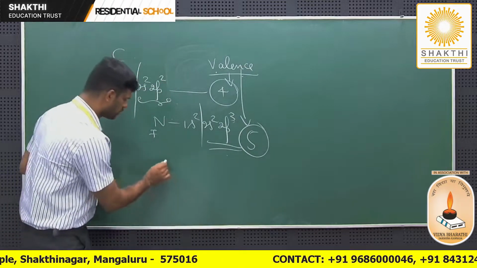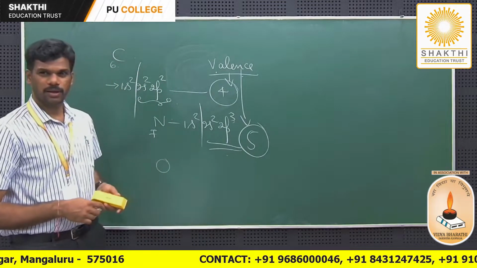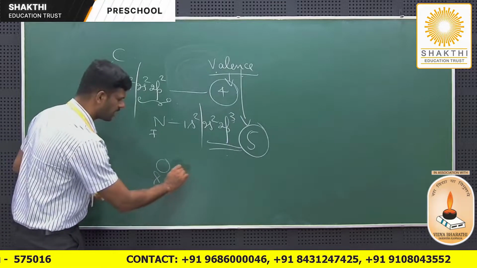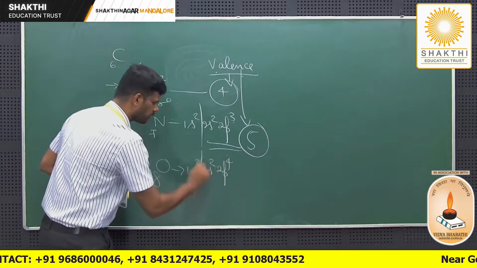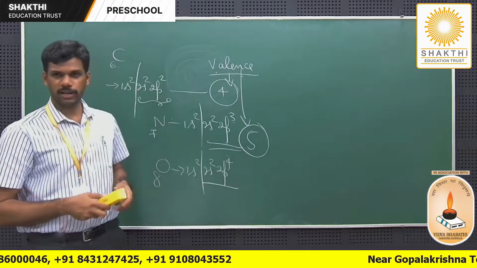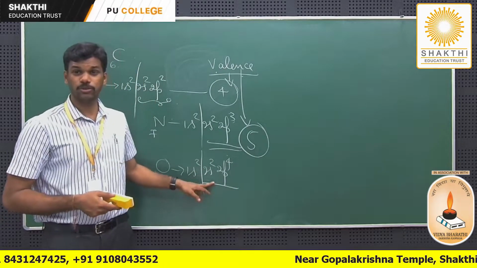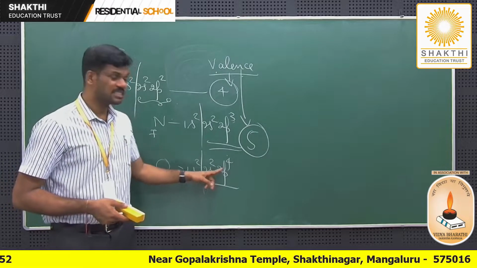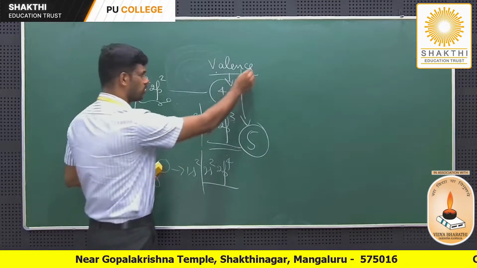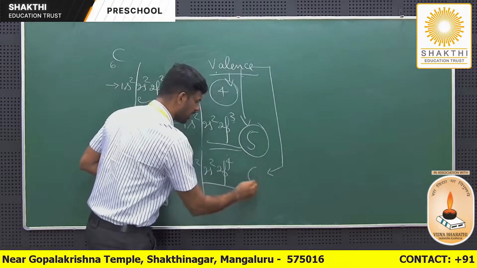Talk about oxygen. Atomic number of oxygen is 8. 1s2, 2s2, 2p4. You can obviously see the number of electrons present in the outermost orbit of oxygen is 6. So valence electrons present here are 6.